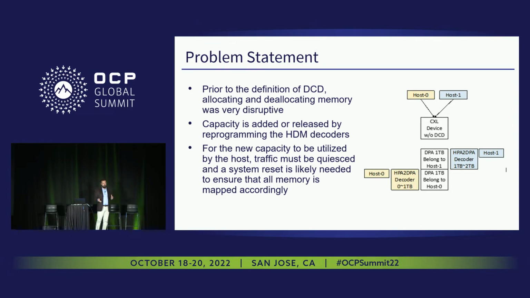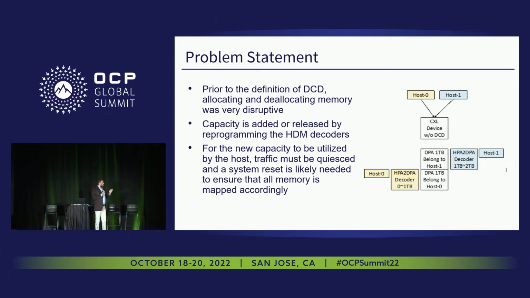I have 1 terabyte of memory or 500 gigabytes of memory. And that needs to be mapped into host memory. So these HDM decoders are simply programmed by the host to map the host memory space into the device physical memory space, so it can access the media.